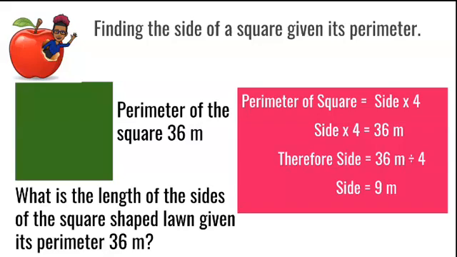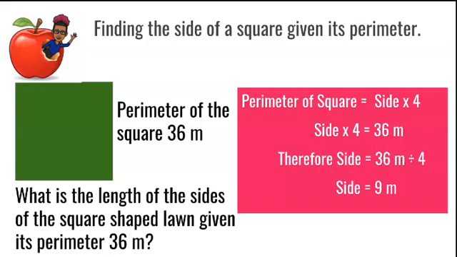Side multiplied by 4 is equal to 36 meters. So therefore, to get the length of one side, we are going to divide our perimeter, which will be our 36, our distance around, by the number of sides there are in the square.